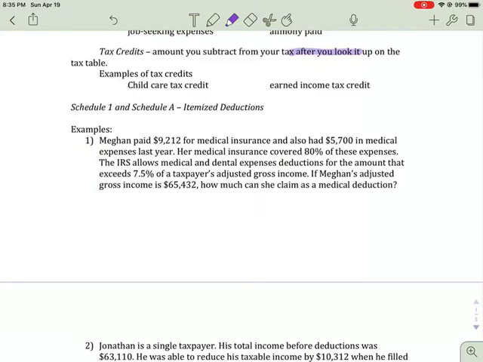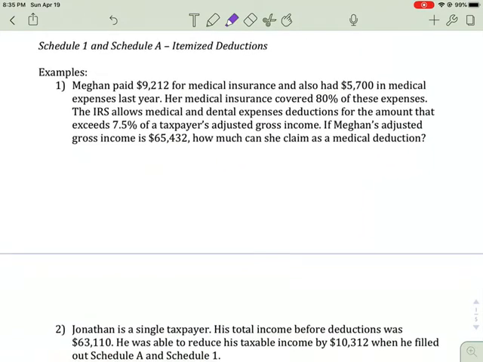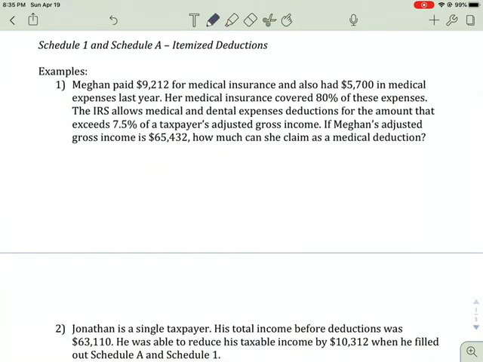Well, this one we have to do a little bit of work. The first thing we have to do is find 80% of her medical expenses, because that's how much her medical insurance covered. We're going to take that $5,700, and they covered 80%, so she paid 20%. Let's find out how much she paid. We take 20% of the $5,700, so she paid $1,140.